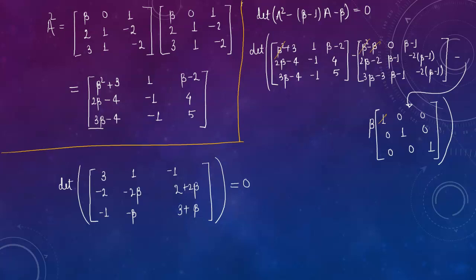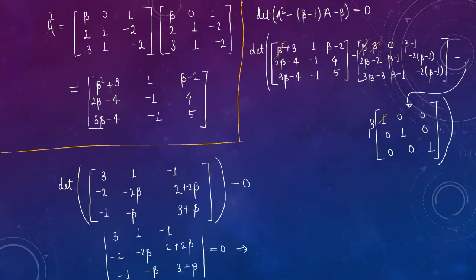Although it became like this: 3, 1, minus 1; minus 2 beta, 2 plus 2 beta; minus 1 minus beta, 3 plus beta, is equal to 0.